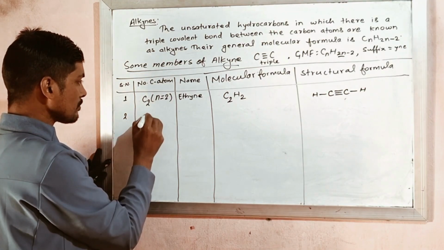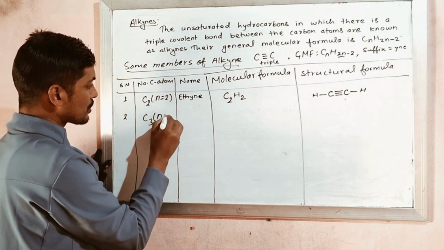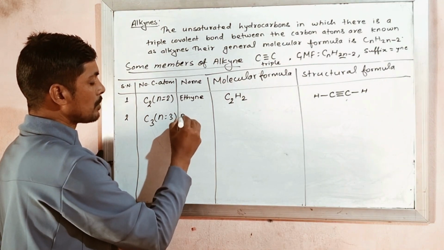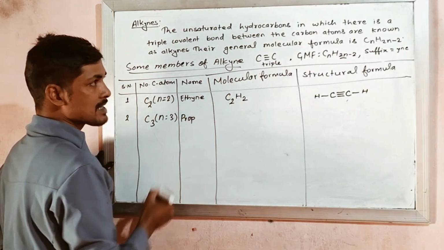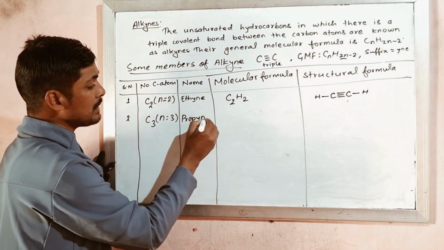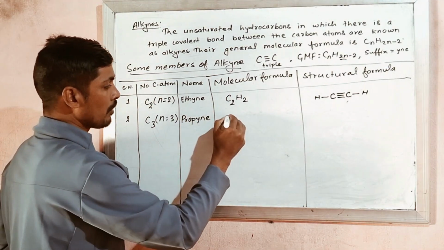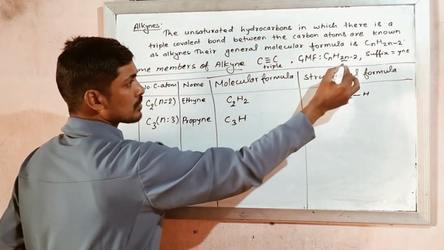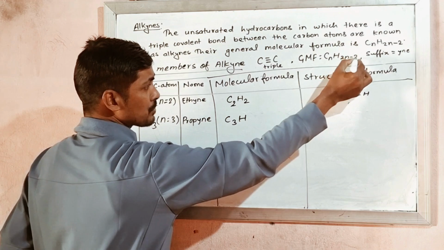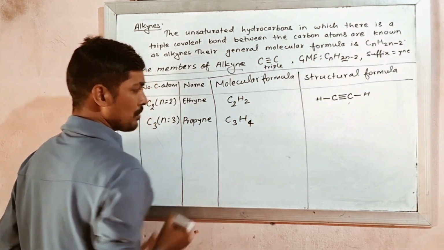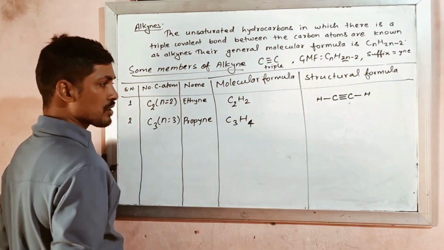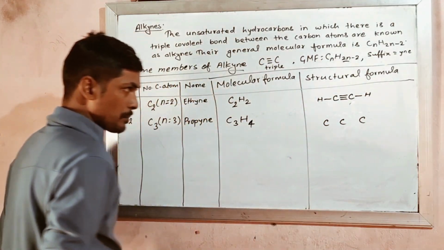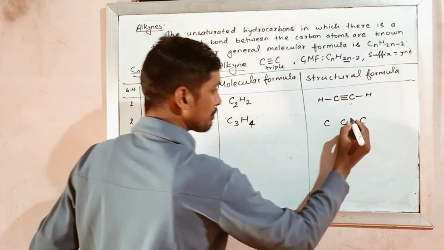Number 2, C3, n is equal to 3. What will be the name here? Prop. Since it is alkyne, yne: propyne. The formula will be C3, H how many? 2 into 3 is 6 minus 2, 4. C3H4. Now, while making the structure, first of all make 3 carbon: 1, 2, 3. Between any 2 carbon atoms, there should be a triple covalent bond.